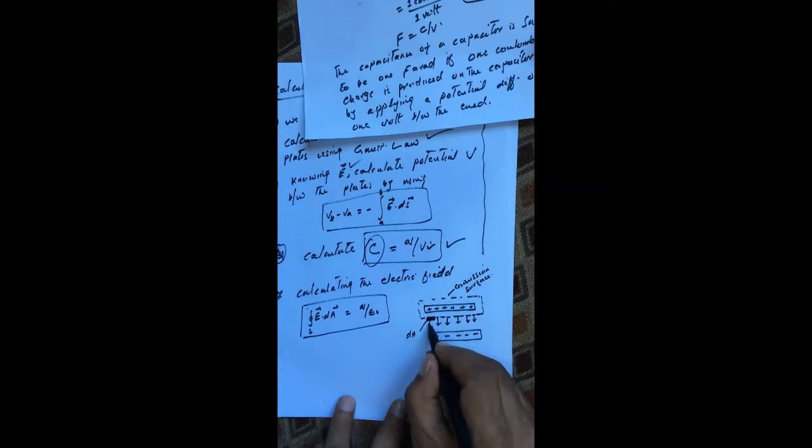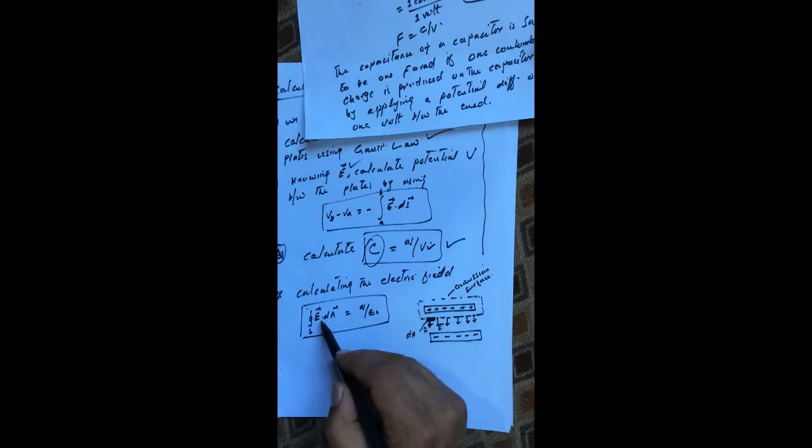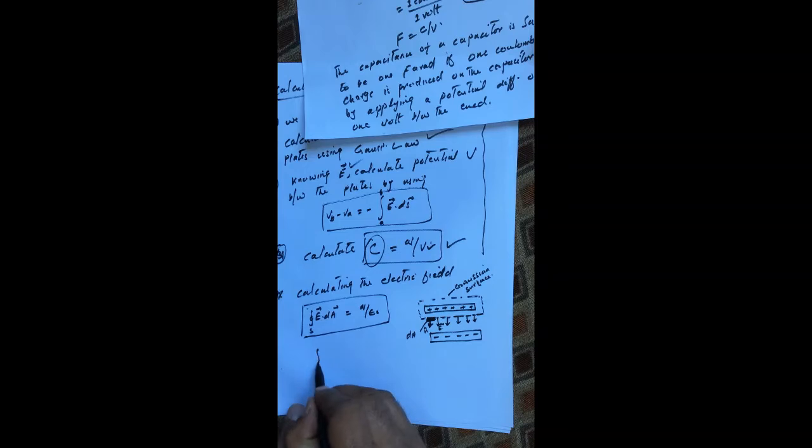Its direction is this one. I call it the n unit vector, and this is the electric field direction. So the electric field direction and the area direction are the same. They are parallel to each other. So it means that the dot product simply becomes E dA, and we have this relation, E dA is equal to Q over epsilon naught.